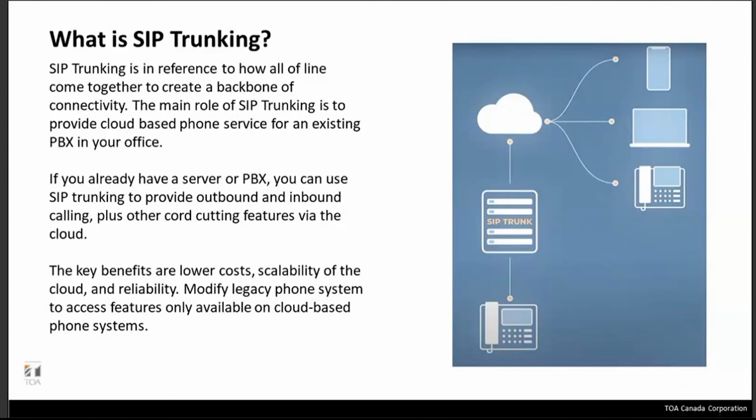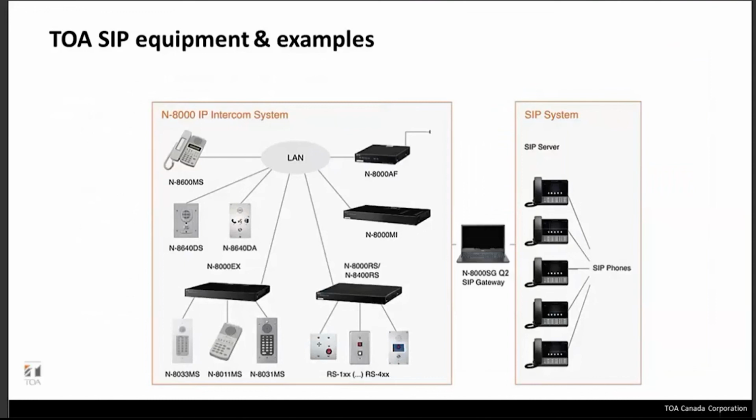So trunking is connectivity that makes your system talk not only inside your environment, but now you can talk to other providers and other companies. This is one of the features of SIP trunking. These are examples of how we work in a SIP environment.